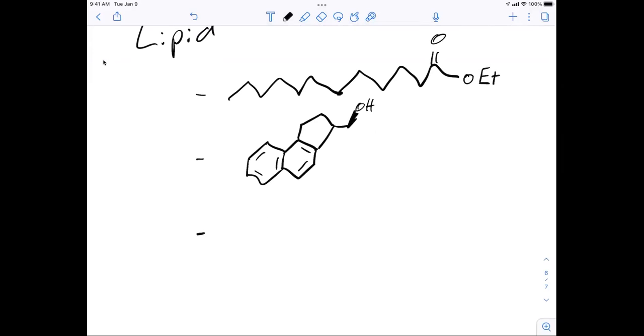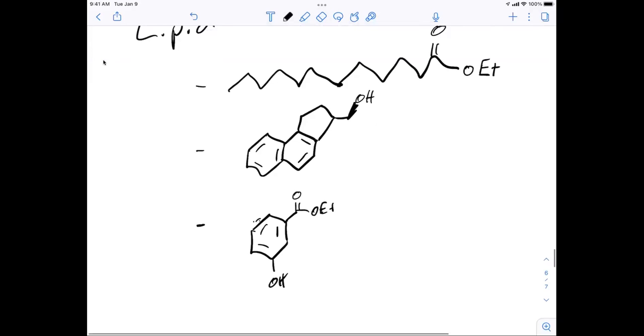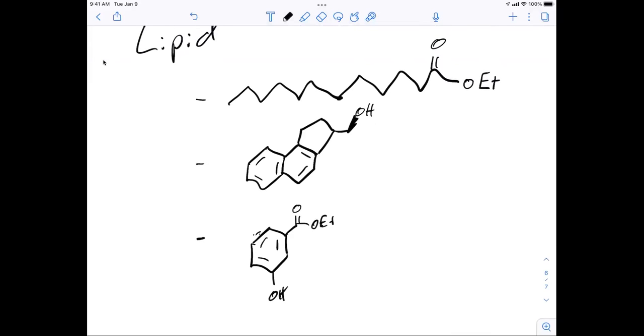And it can be some of our smaller molecules, similar but not exactly the same. So often we think about lipids as fats and oils.